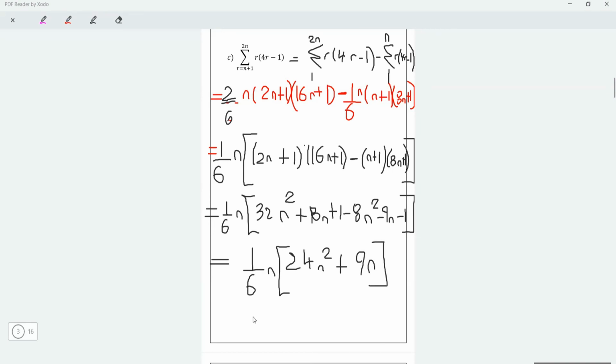If you want to write this even prettier, you could factor out an n to write this as 1 over 6 n squared multiplied by 24n plus 9. That looks a little bit prettier. You can leave it as this, 1 over 6 times n squared times 24n plus 9. And that's how you do that.